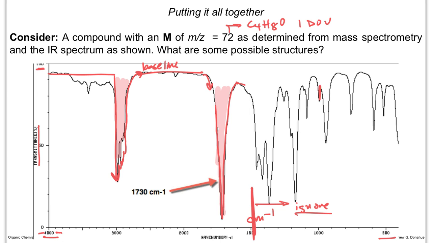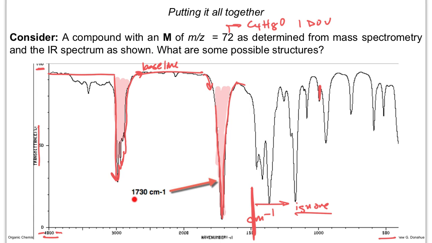That's beyond what we need to know. From 4,000 to 1,500, we're going to look in specific areas. For lack of a better way of teaching this, you're looking for the shape of that signal. The functional groups will have a unique shape in certain regions.